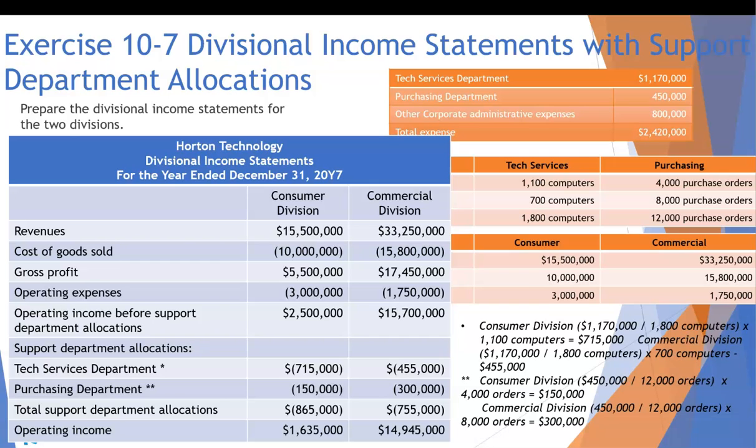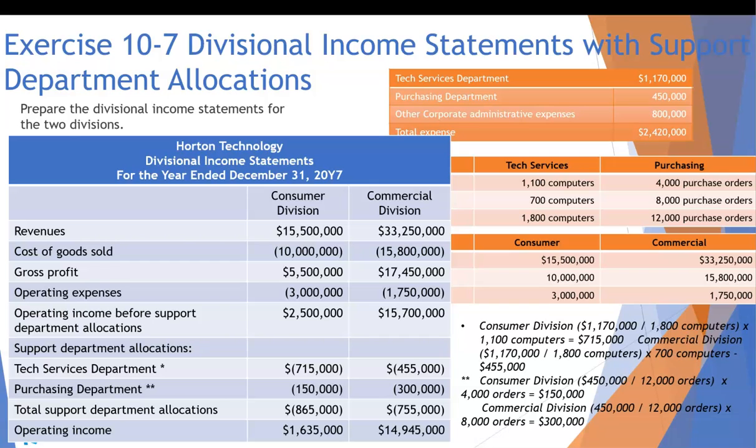$1,170,000 for the tech services, divided by 1,800 computers. The consumer division has 1,100 computers, so it will be allocated $715,000. For the commercial division, they have 700 computers, so they'll be allocated $455,000.